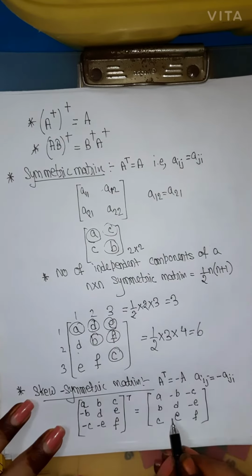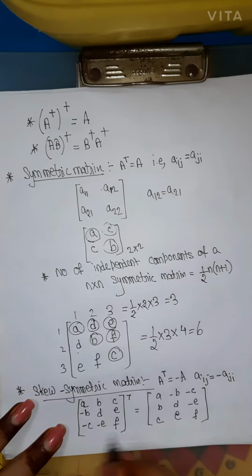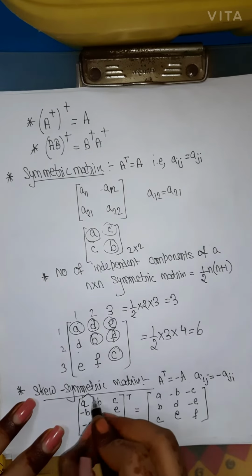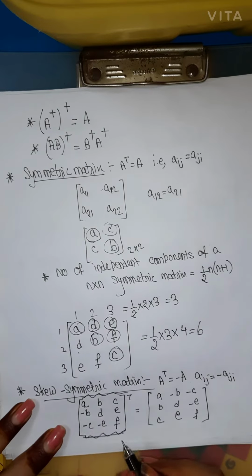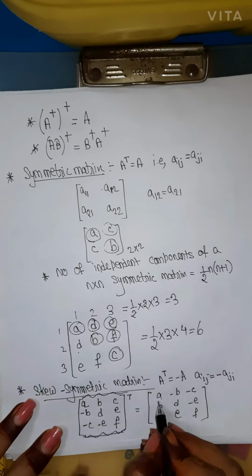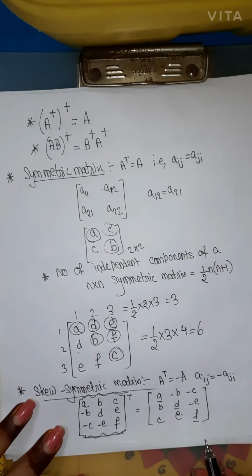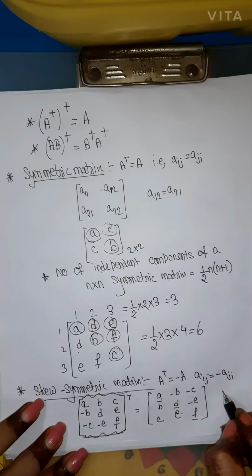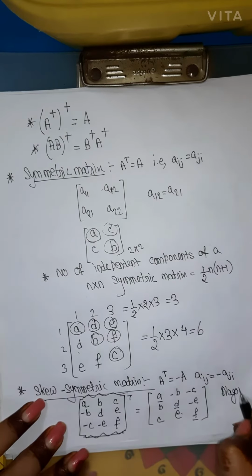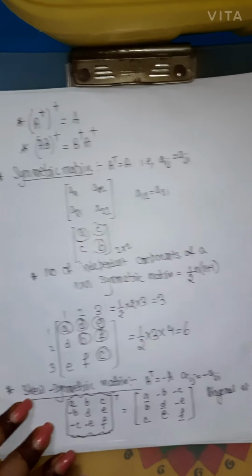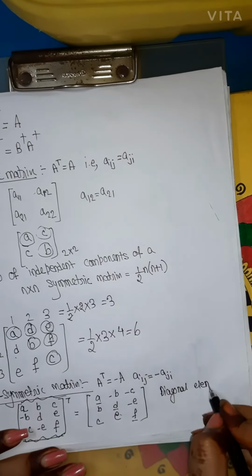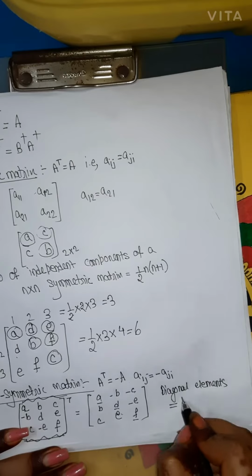So is it equal to minus A? If A is this, no, we will have problem with these three elements. This will not change their sign while transpose. So all the diagonal elements, that is principal diagonal elements, must be 0.